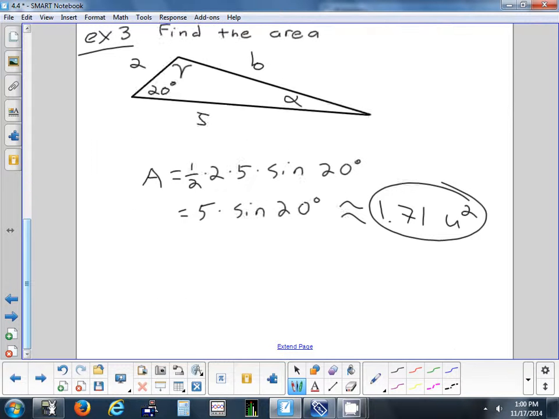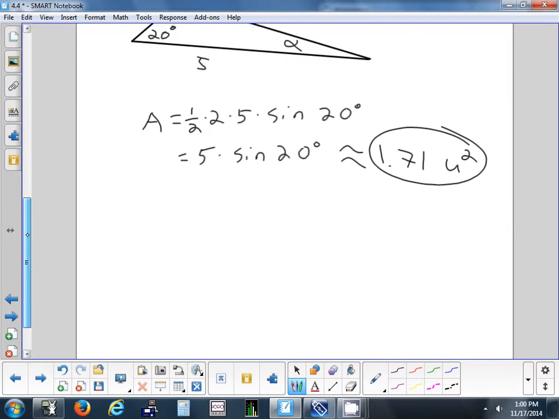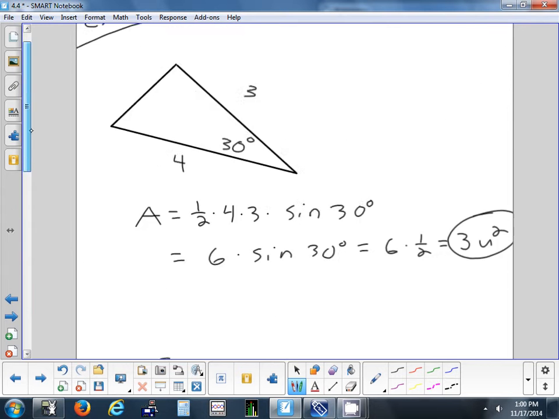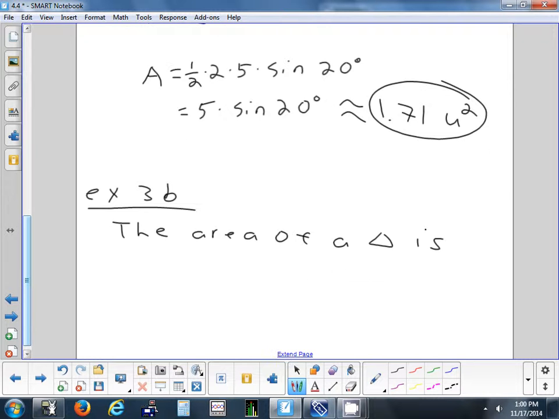All right, let's see. We gave you a problem like, let's call this one 3A and 3B. Let's say the area of a triangle is, let's say, 12 square units.